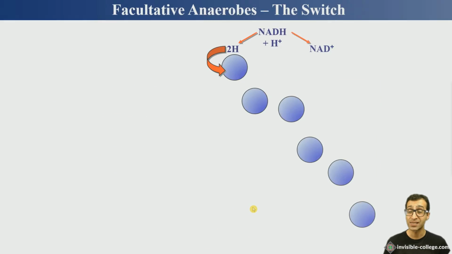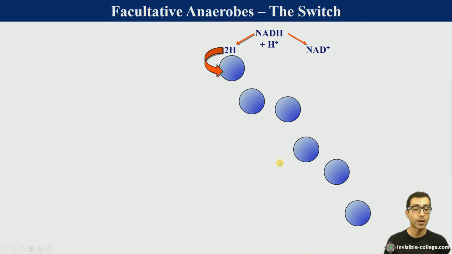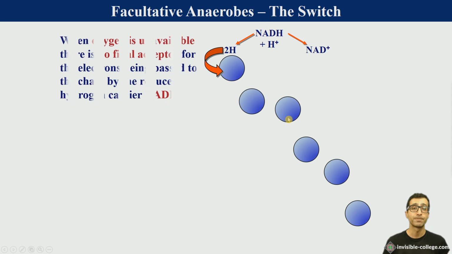This is in fact the origin of the production of water in respiration. Now when oxygen is unavailable, there is no final acceptor for the electrons being passed down the electron transport chain by the reduced carrier NADH.